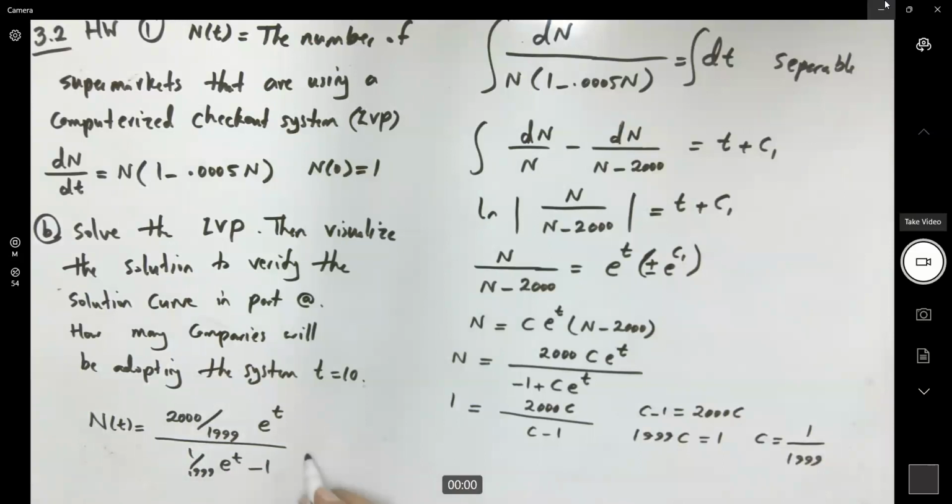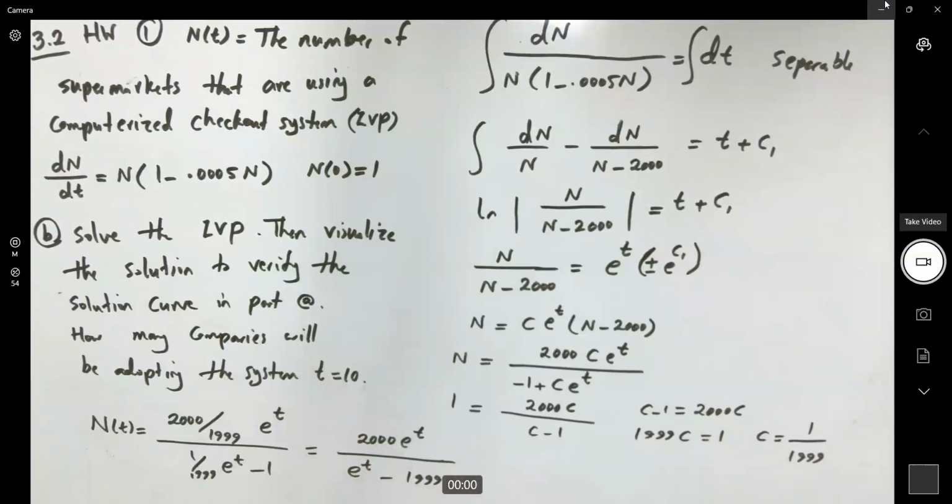I can simplify this. n of t becomes 2000 e to the t divided by, if you take a common denominator, e to the t minus 1999. This is our model. So this is the solution for that differential equation.